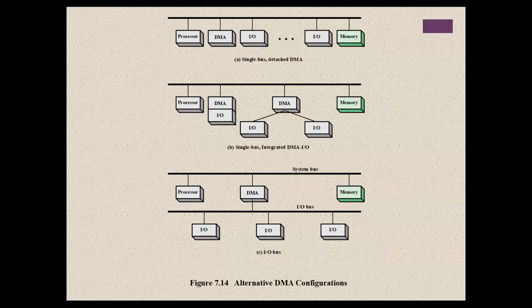In both cases, B and C, the system bus that the DMA module shares with the processor and the memory is used by the DMA module only to exchange data with the memory. So the exchange of data between the DMA and the I/O module takes place off the system bus, as you can see.